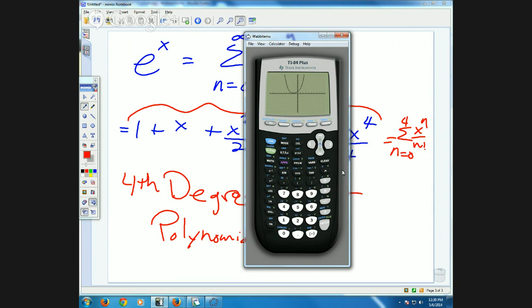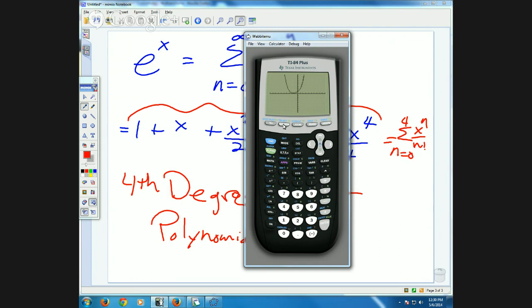Okay, if I compare that to e to the x, I'll see that they match for a little while. Where's e to the x? So on my graph, it looks like they line up pretty good from maybe -2 to +2.